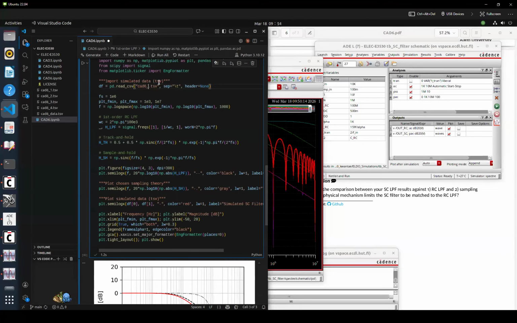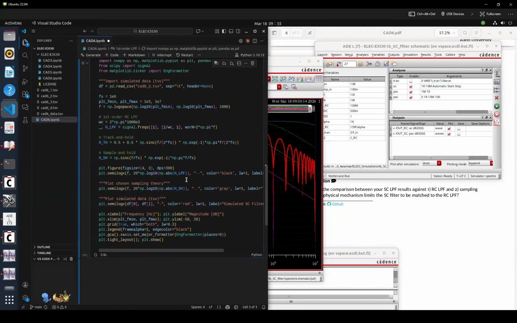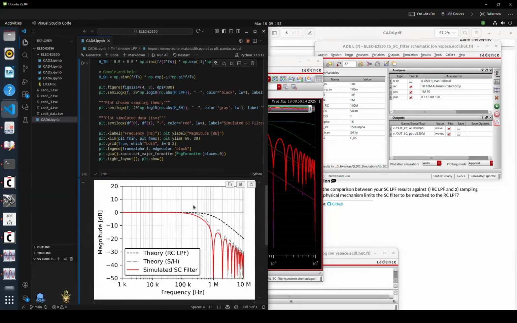And for the third one, increase to 1 megahertz. If I run it, you can see that now it has a smaller attenuation because of this RC low pass filter, but otherwise it matches quite well to the theory.